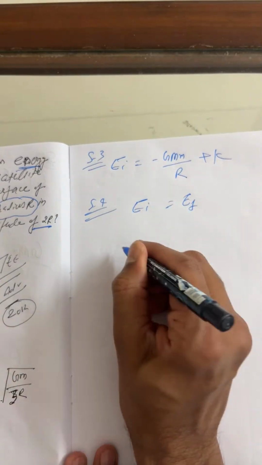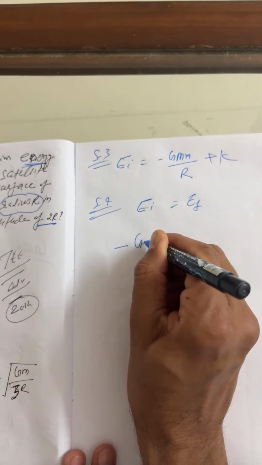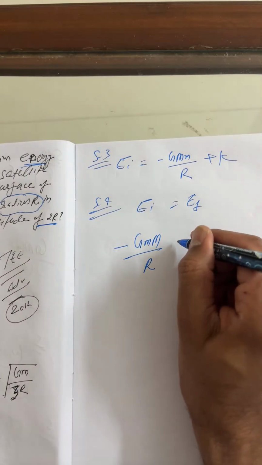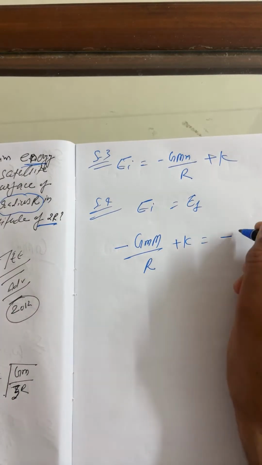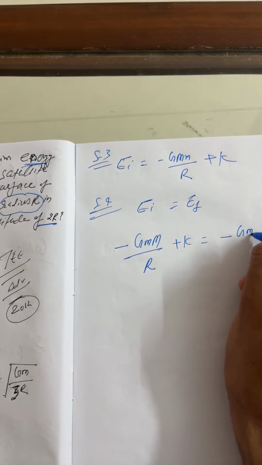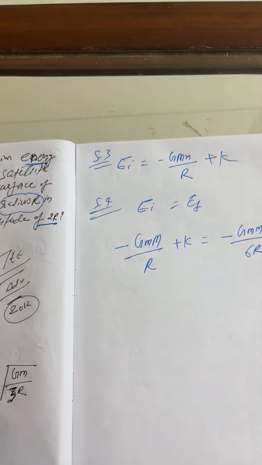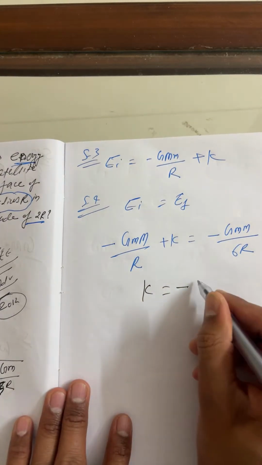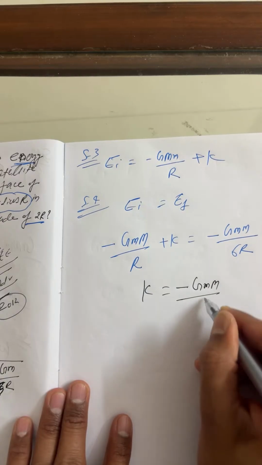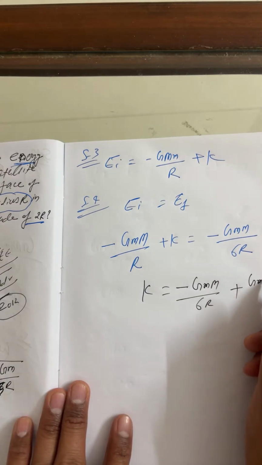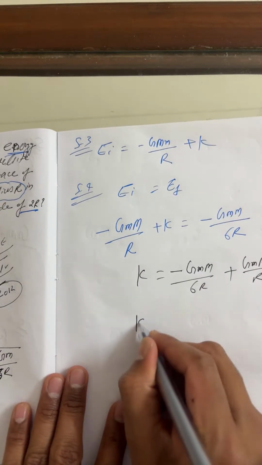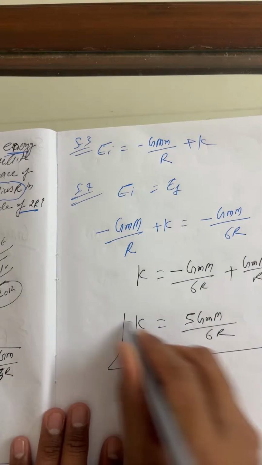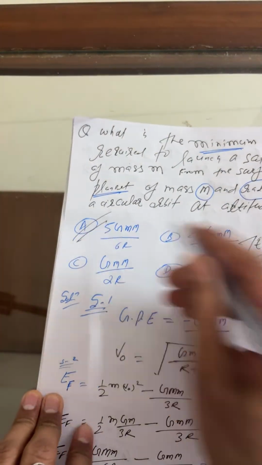Energy initial is this one, minus G small m capital M upon R. Final is K plus the potential, minus G small m capital M upon 6R, which I just calculated. Further solving, we get K minus G small m capital M by 6R plus G small m capital M by R. So K is equal to 5G small m capital M by 6R. Option A is correct.